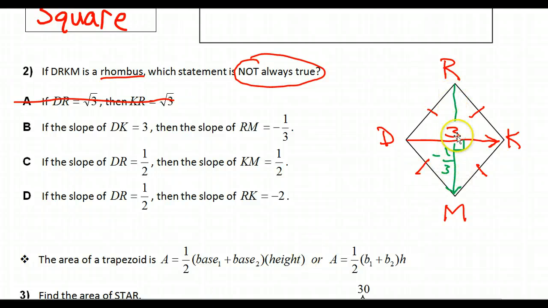That means if one slope is 3, the other one will always be negative 1/3, because that's what happens when lines are perpendicular. So this will always be true. And we're looking for one that is not always true, so B cannot be the answer.